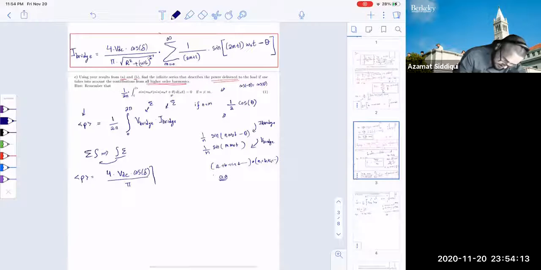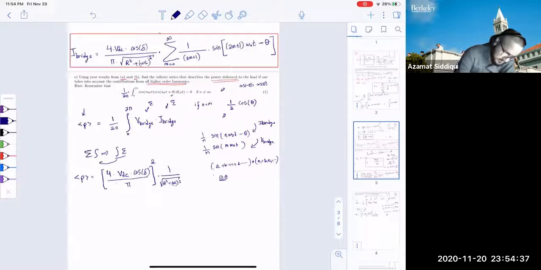So I'm going to say this squared because it's multiplied. And what is not common is having a 1 over the square root of r squared plus omega l squared.